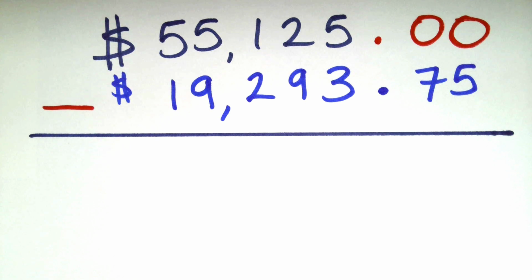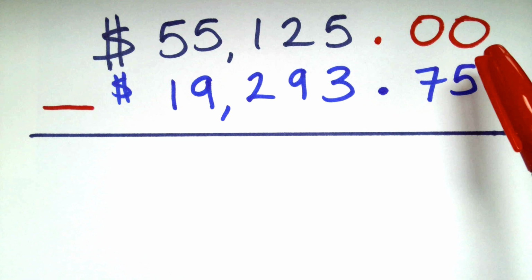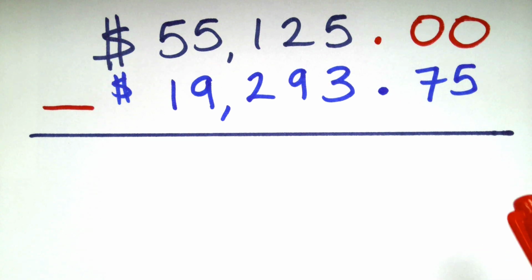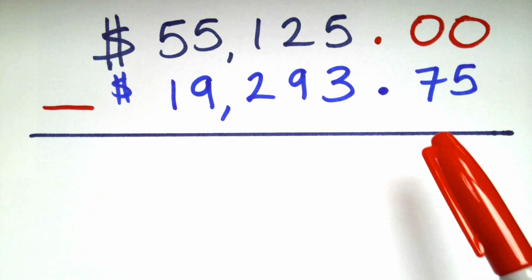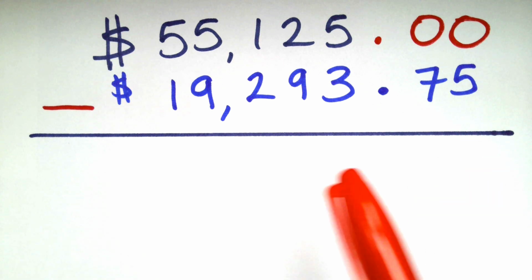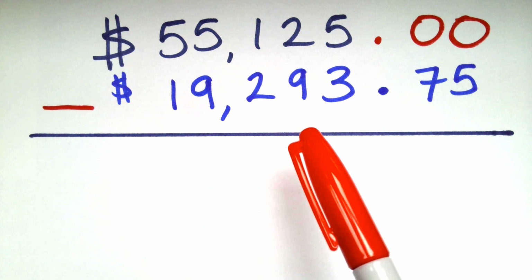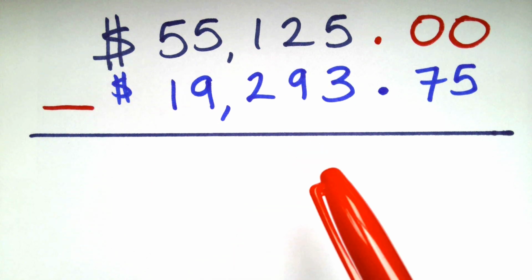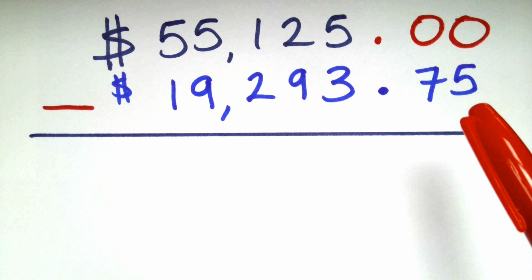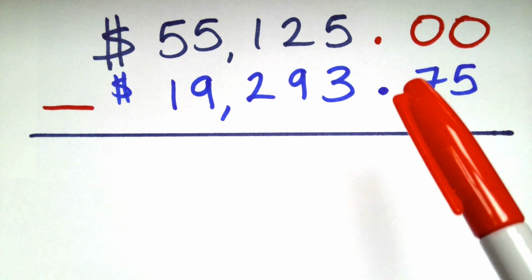Okay, so the first thing I wanted to do was to show my invisible decimal and the 2 zeros to the right. Now, if I was adding, I wouldn't have to do that, because 7 plus 0 is 7, 5 plus 0 is 5. But I'm subtracting that discount from the original cost, and I need to find a way to take 5 away from 0, or 7 away from 0.